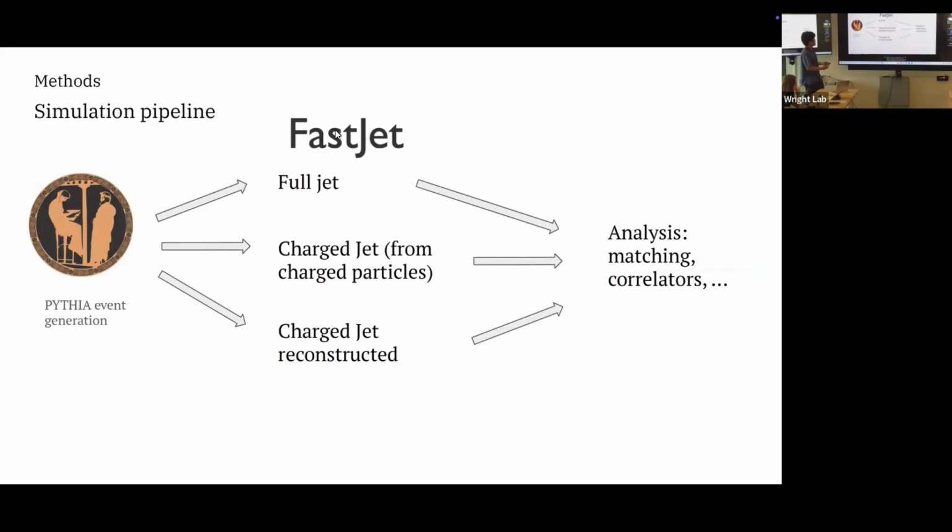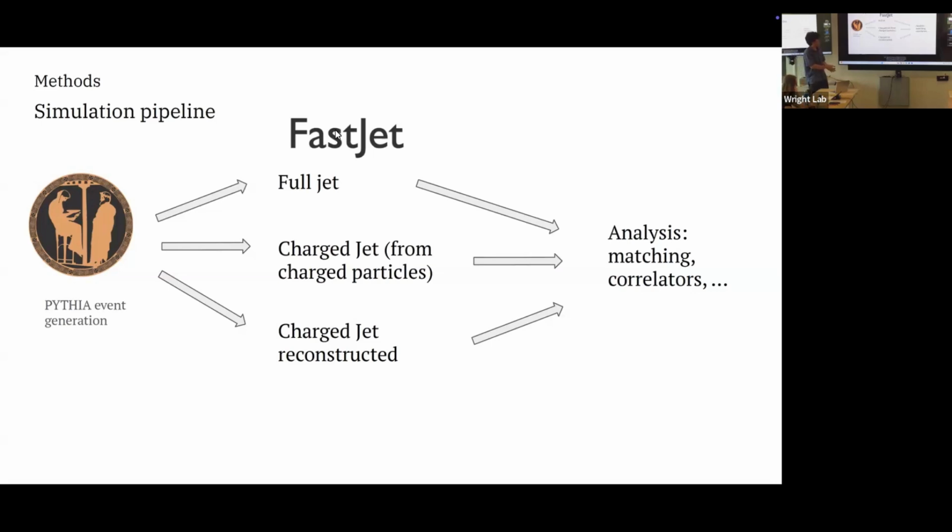Okay, another tangent. This is the simulation pipeline that I used. I use the same thing as Lily, which is Pythia, a Monte Carlo event generator. And these are the jet definitions that I use. The full jet you can think of as corresponding to a theorist definition, which includes charged and uncharged particles.